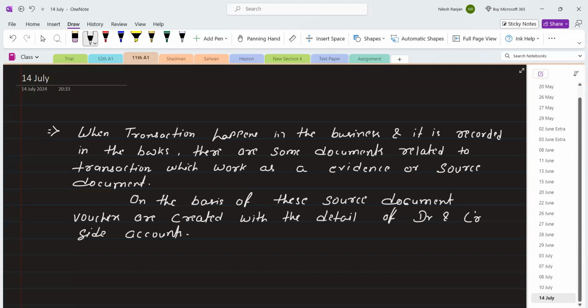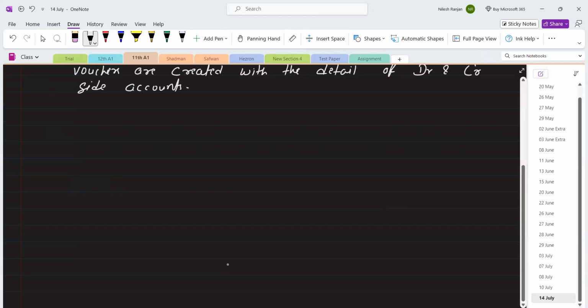let's assume one thing. When a transaction happens between these two persons, let's say this person is related to you.